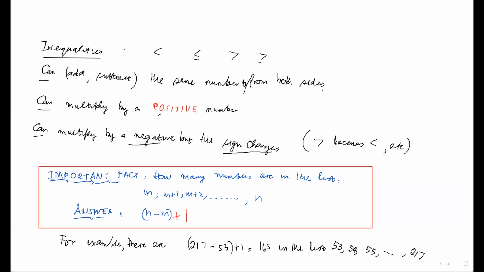We turn our attention now to inequalities. Inequalities, as opposed to equalities, where you have an equal sign, is where you have a less than sign or a greater than sign, or the sign here, which means less than or equal to.